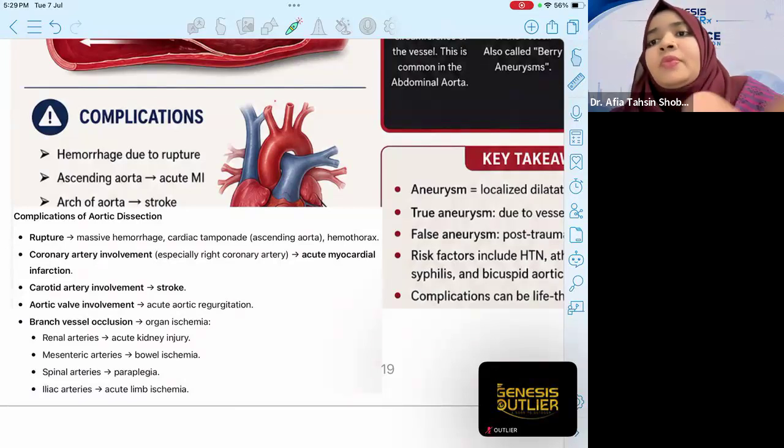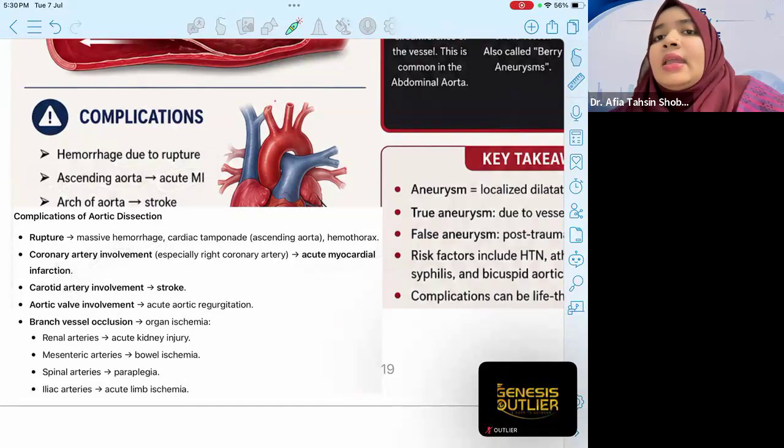Then the ascending aorta, whose branches we have already covered, are the coronary arteries, right? So if the ascending aorta is involved, coronary artery involvement will occur and acute MI will occur.